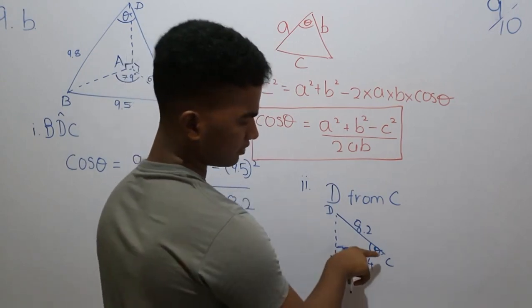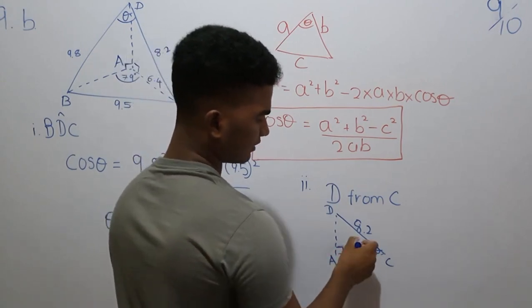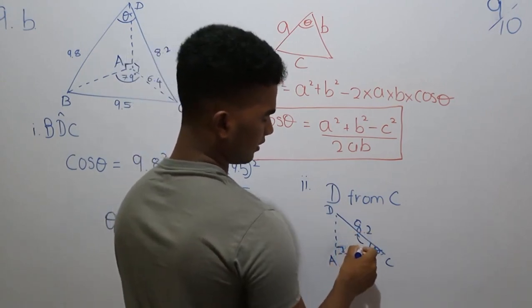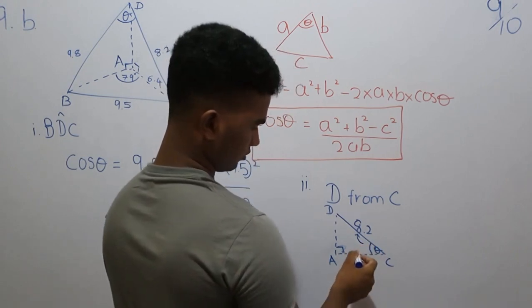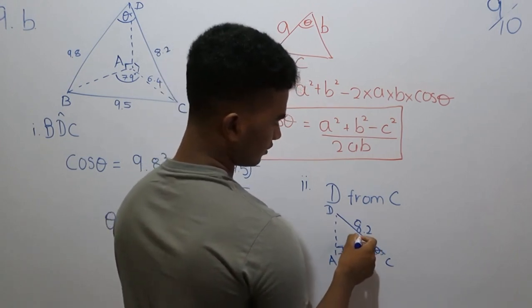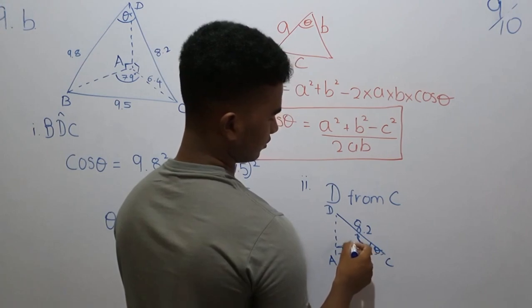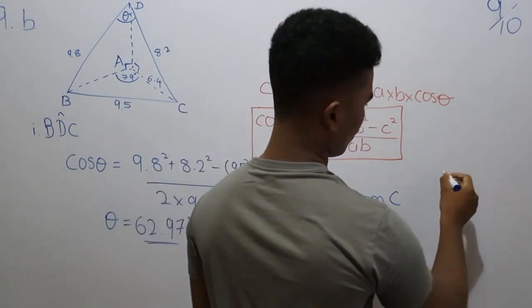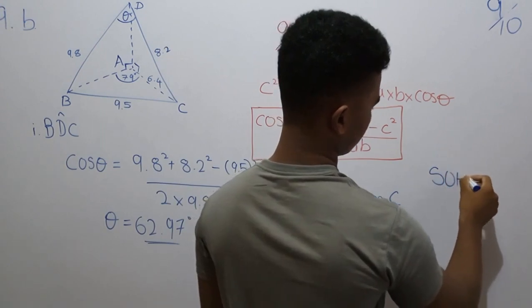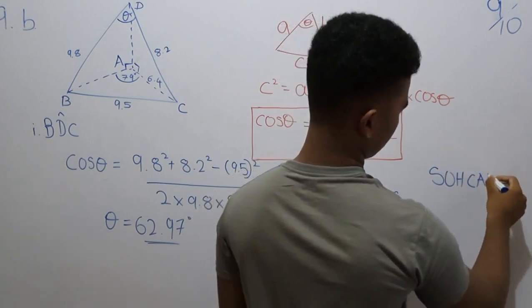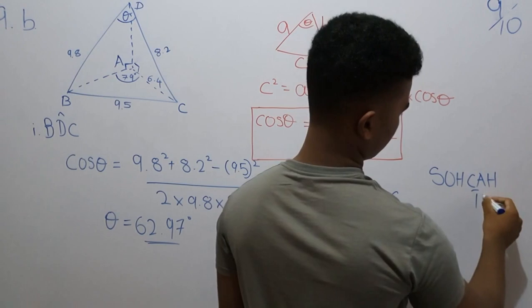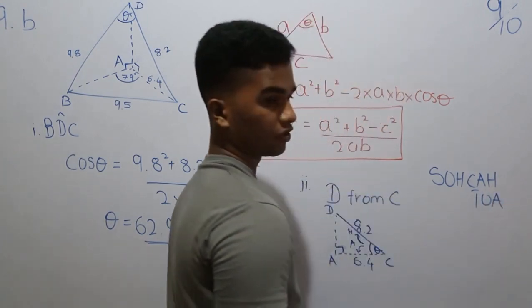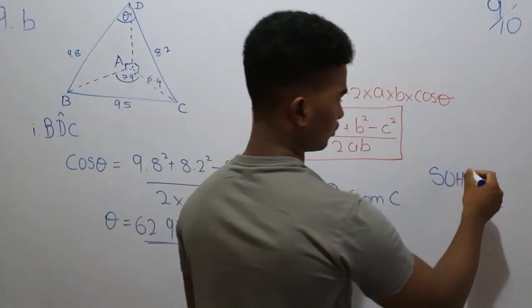If we take this angle as theta, adjacent is given and hypotenuse is given. So according to SOHCAHTOA, we should use this.